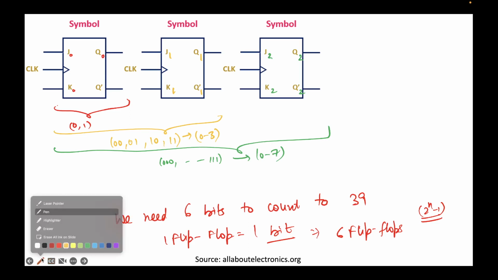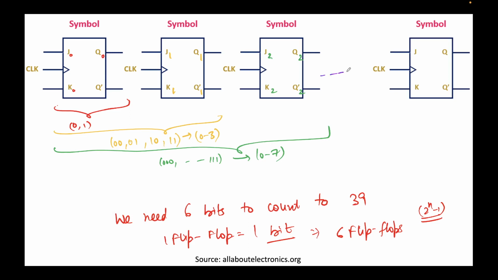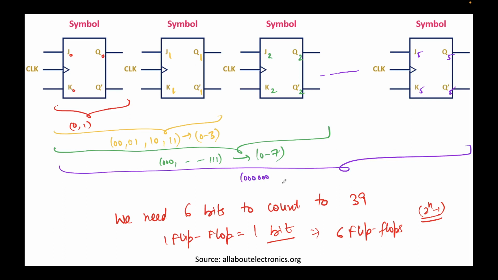And similarly, finally, if you keep on going, let's say this is the 6th flip-flop, these are 6 bits. So it went from 000000 to 111111. This means from 0 to 63. That's the range we will cover, and we only require up to 39. So we'll be fine with these 6 flip-flops.